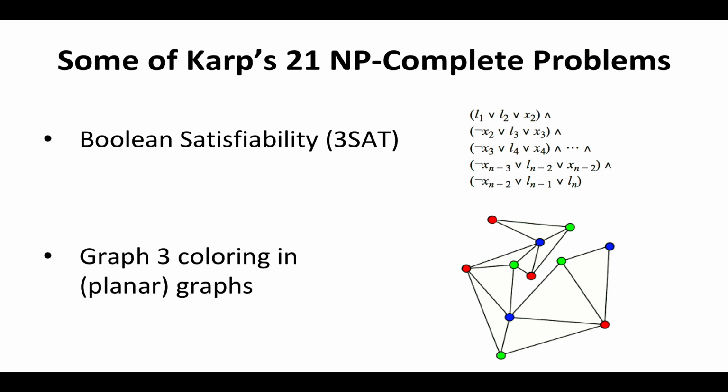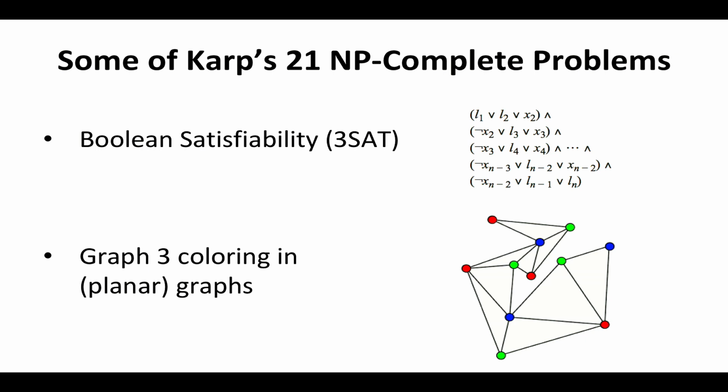The question is, can I color this graph so that any two nodes that have an edge between them have different colors? The graph coloring problem refers to whether it's possible to color this graph with just 3 colors.